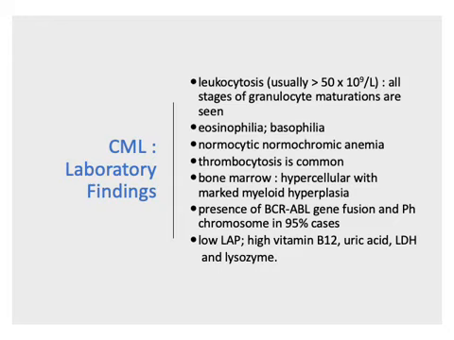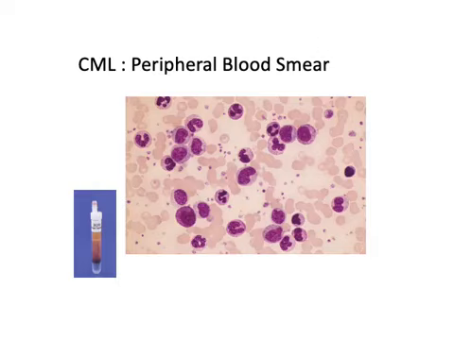There is a low leukocyte alkaline phosphatase score, although this test is no longer employed, as well as high vitamin B12, uric acid, LDH, and lysozyme. This picture shows you the peripheral blood smear of a patient with CML. And the picture on the left will show you the increase in buffy coat when the blood of a CML patient is settled in a test tube.